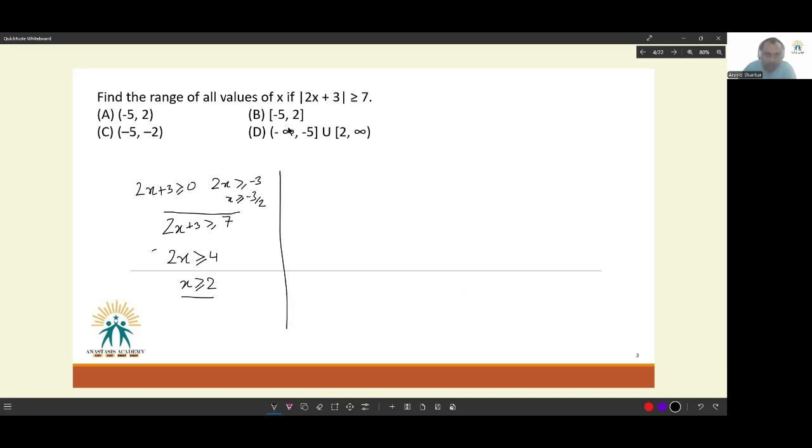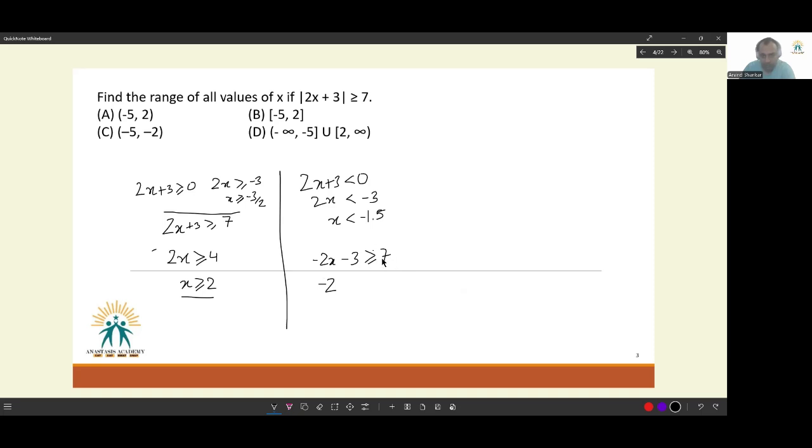Now, the other version is 2x + 3 is less than 0, or 2x is less than -3, or x is less than -1.5. In this case, what would happen to the mod expression is we would get -2x - 3 is greater than or equal to 7.